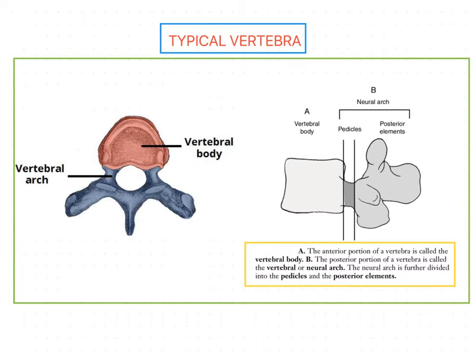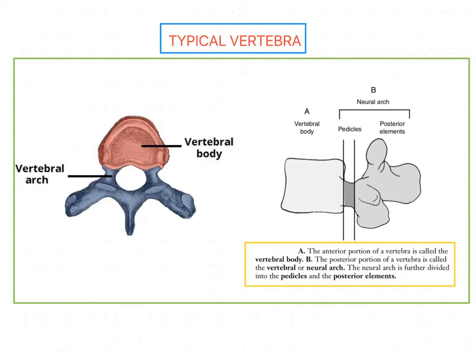Slight modifications are there in different regions, and some atypical vertebrae are also present in different regions that we are going to discuss separately. But the typical vertebrae of all the regions will possess the same types of structural elements.